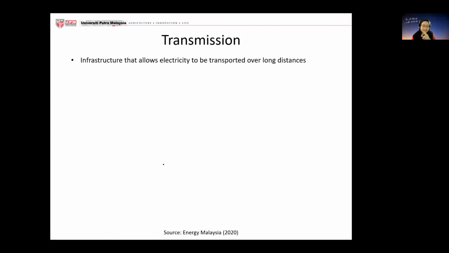So we have generation, which is one part. We also have transmission. I've gone through this a little bit just now, when we were talking about how the generators in power plants work, but basically transmission is infrastructure that allows electricity to be transported over long distances.